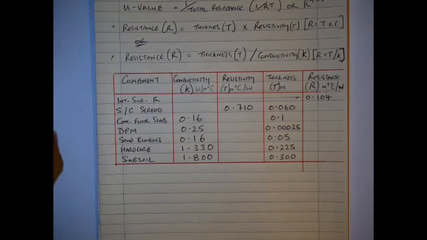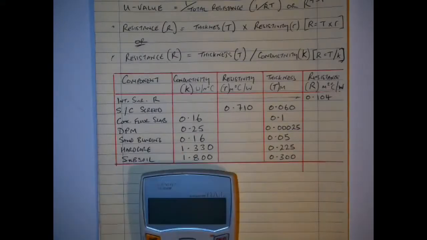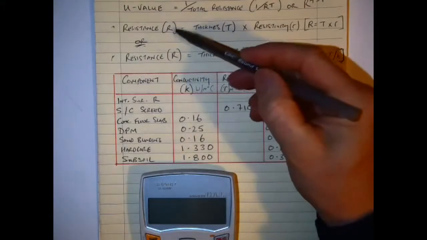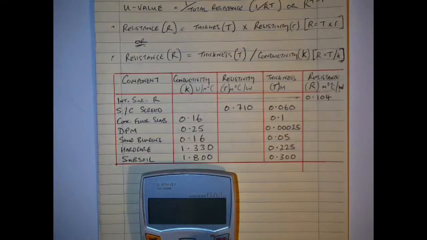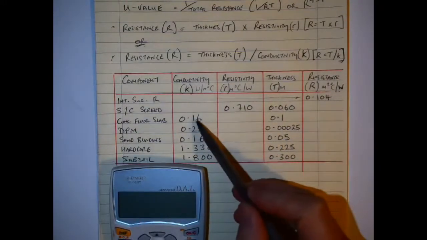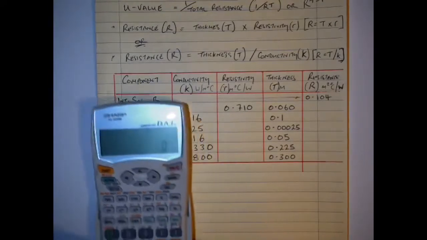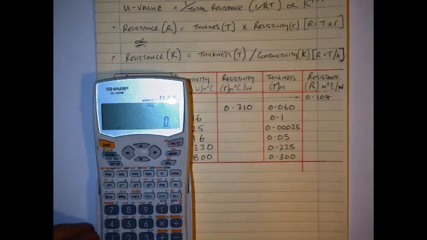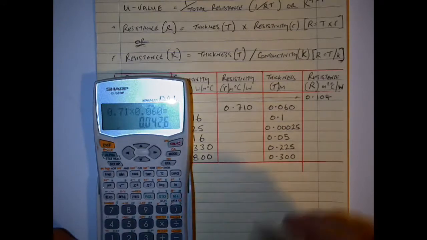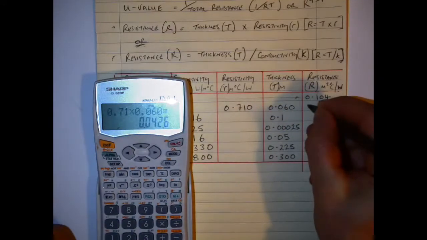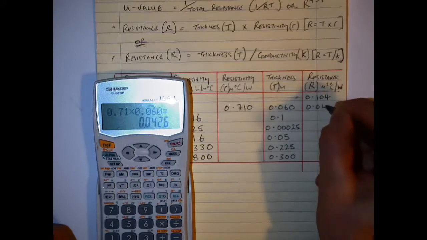I need to do a bit of calculating. So we go back to what I highlighted at the start. Resistances can be calculated in either of those two methods. I can multiply my resistivity by the thickness, which will get me the resistance, which I'm going to do here just for demonstration purposes. Multiply that out, put in the value 0.0426.